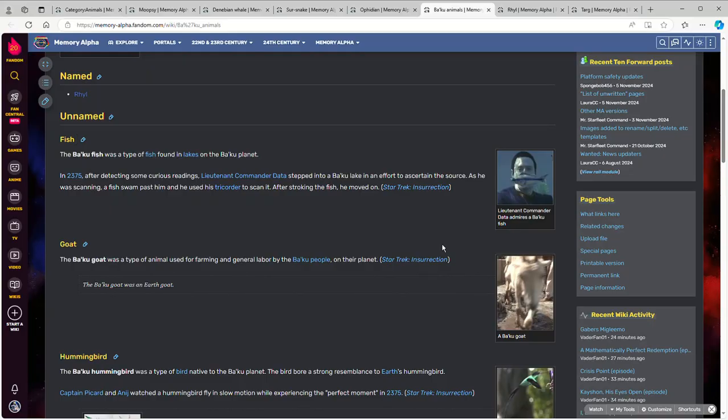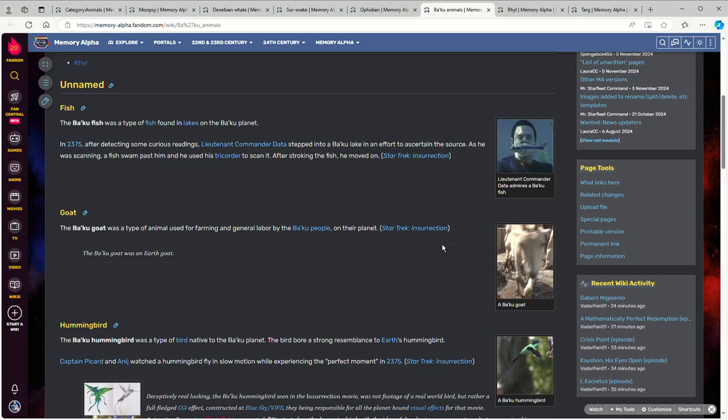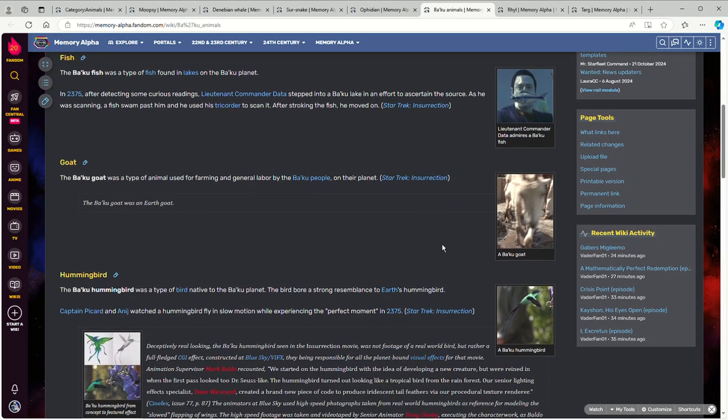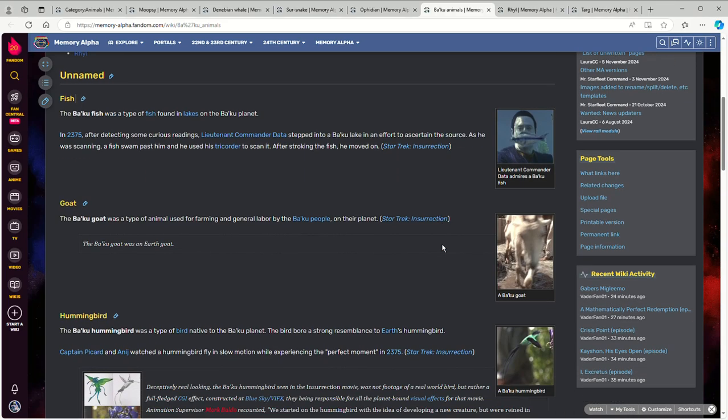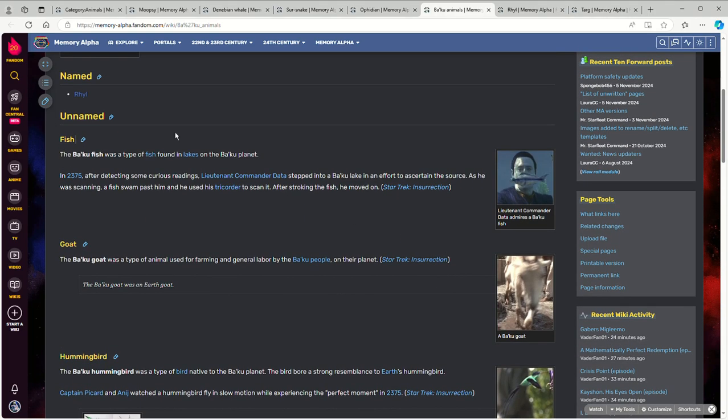How many of these animals are actually native to the Baku planet, and how many of them are things that were native to whatever the actual Baku homeworld was that they abandoned? That is not mentioned in the movie and thus leaves a lot of speculation, especially this thing which is said to be a pet.